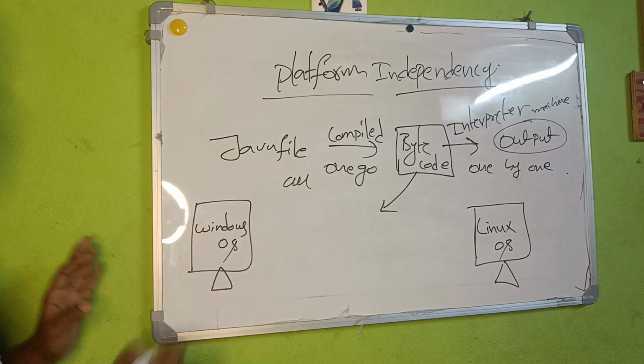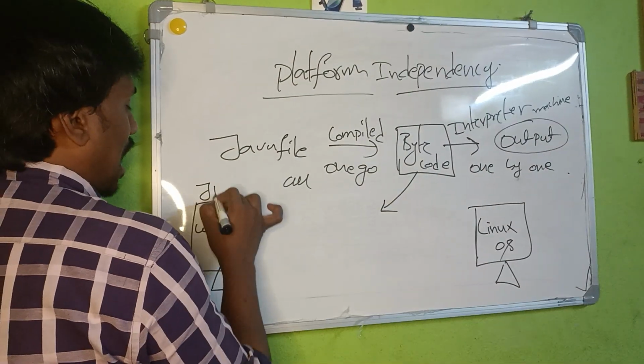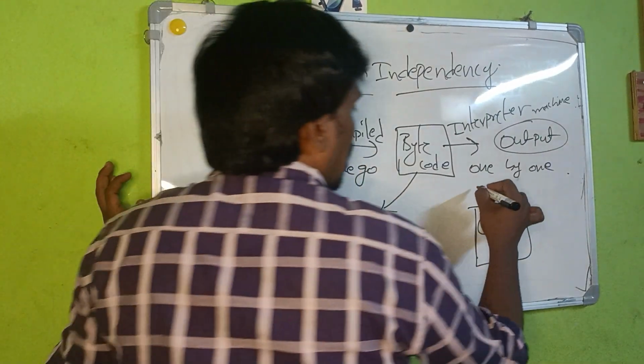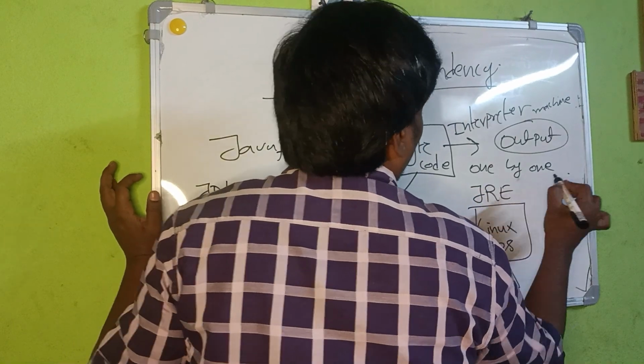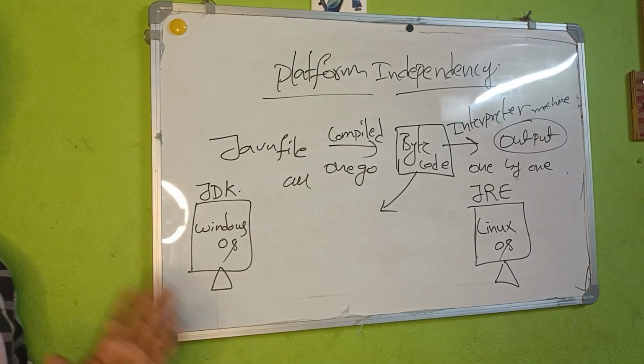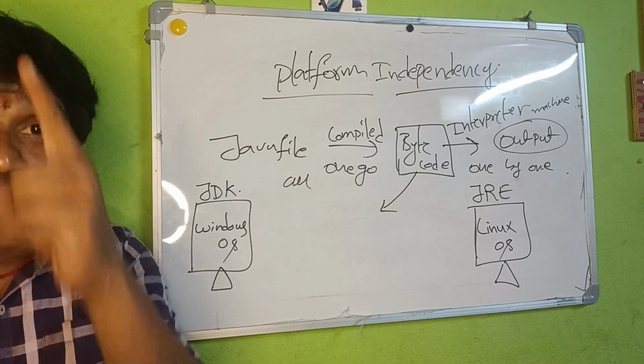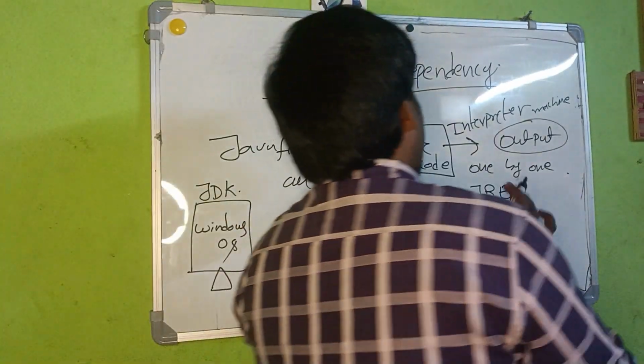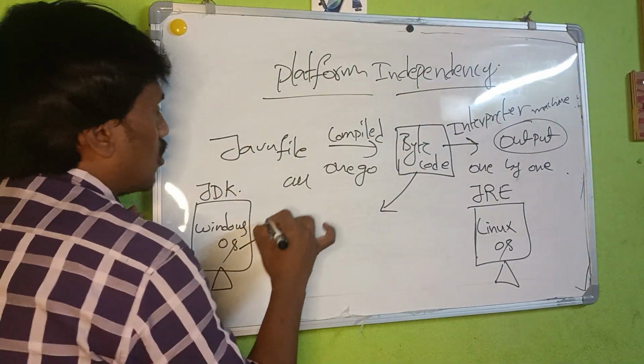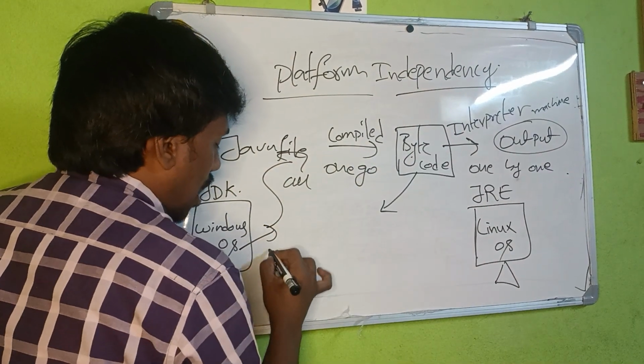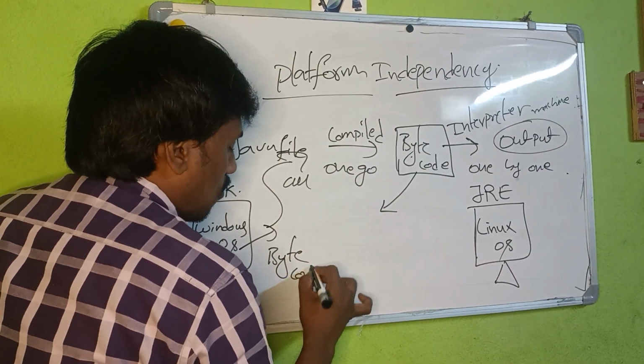Now see, what happened here? I have a JDK. In this system I had installed JRE. Both are the same only, I said. Now you will catch the difference. See, JDK and JRE. In this Windows I did all this. Now I have a bytecode file from Windows.